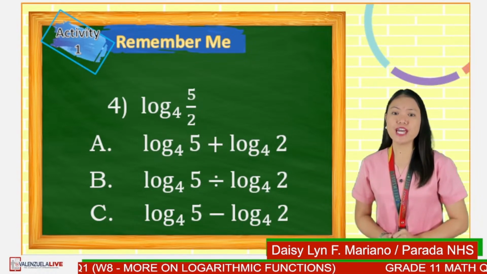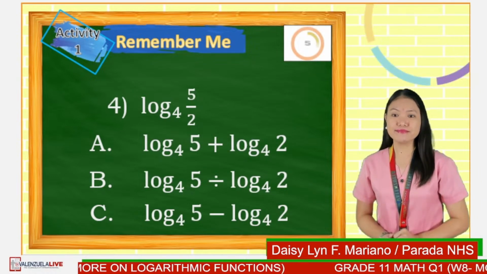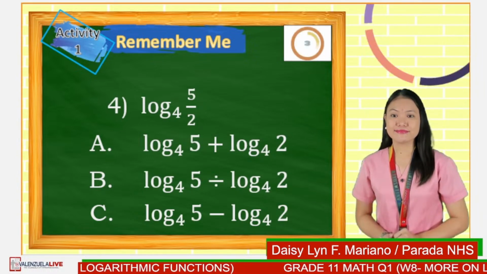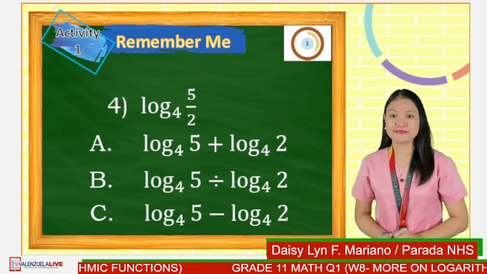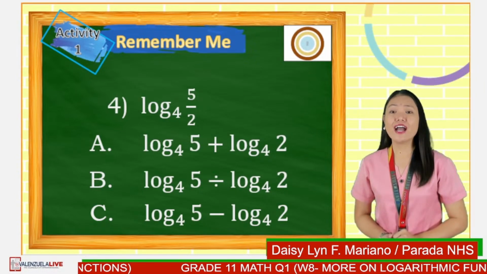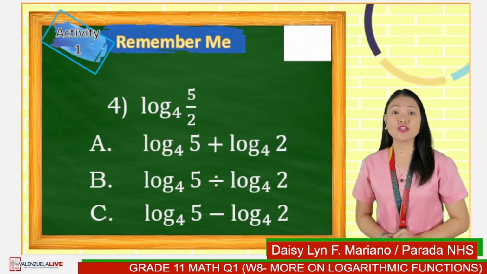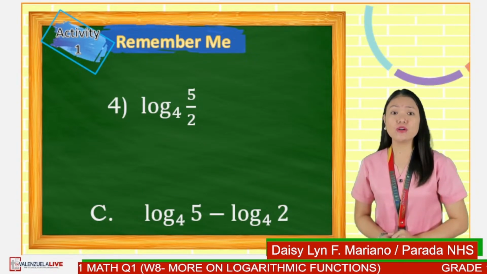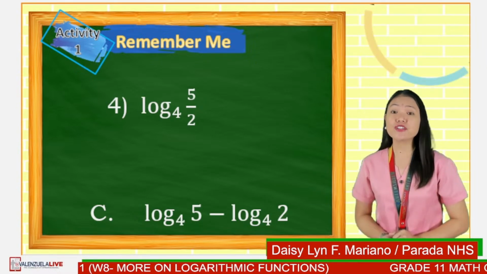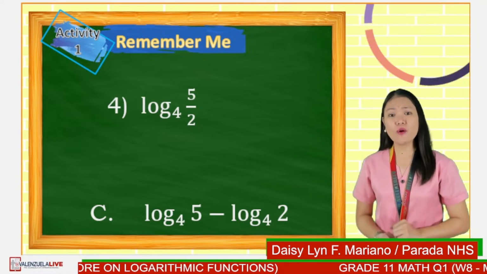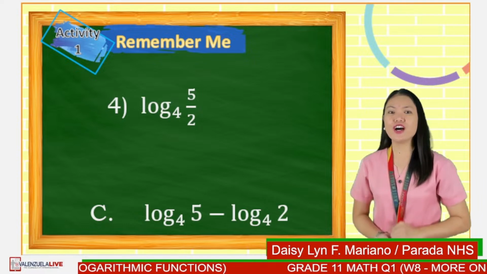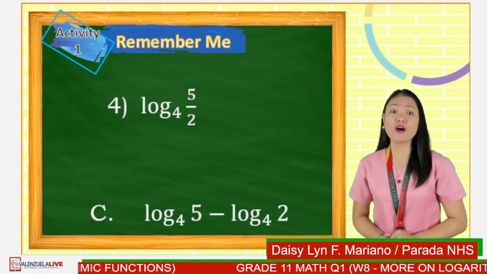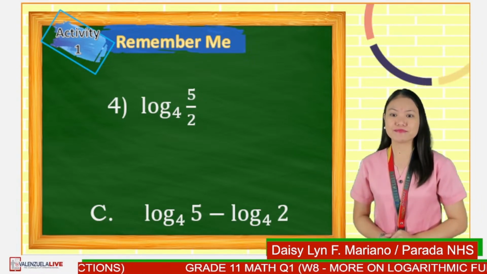You've got 5 seconds. Go. Time's up. If you answered C, logarithm of 5 with base 4 minus logarithm of 2 with base 4, you are correct. What is your score, grade 11? Good job. It seems that you remembered well the past lesson.